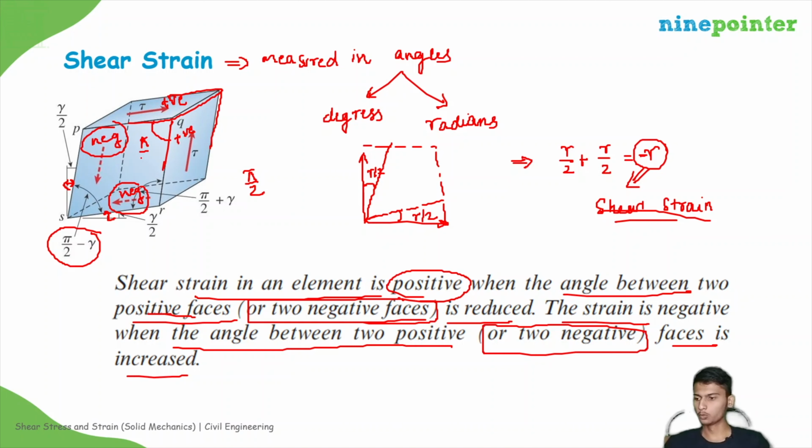This should be pi by 2 plus gamma. So if you consider two positive surfaces, if the angle is increased, then it is negative. So gamma, or minus gamma, is the shear strain again. Understood? So this is about the sign conventions of shear strain and how we measure it.